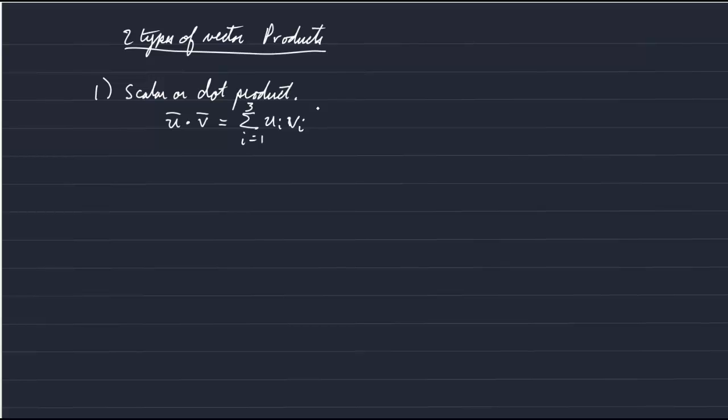So you take each component, take the product of it, and then sum the result of those three products. And that's also equal to the magnitude of v times the magnitude of u times cosine of the angle between the two.